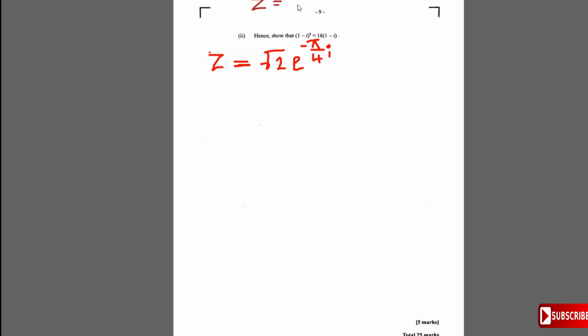So all we need to do is continue and raise this to the 9th power.